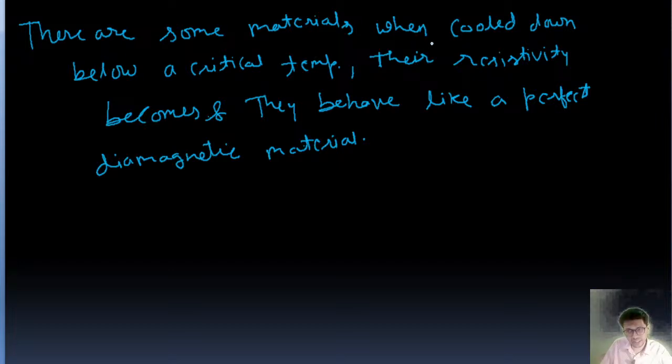So there are some materials when cooled down below a critical temperature, their resistivity becomes zero and they behave like a perfect diamagnetic material, superconductor.